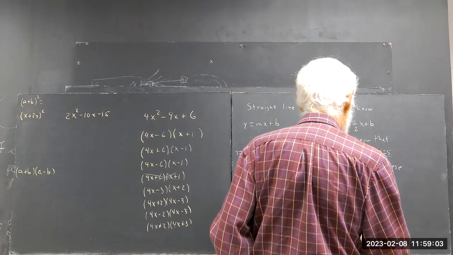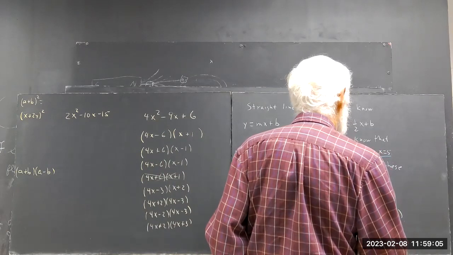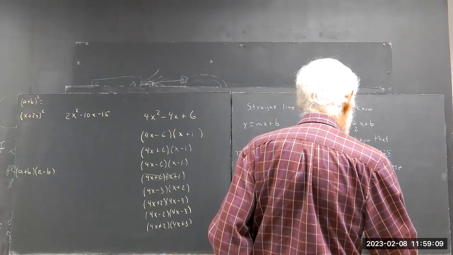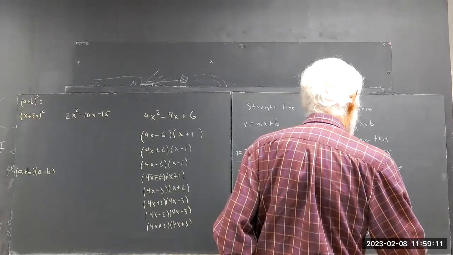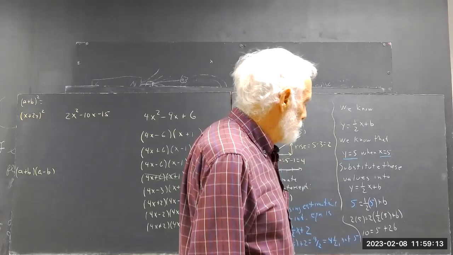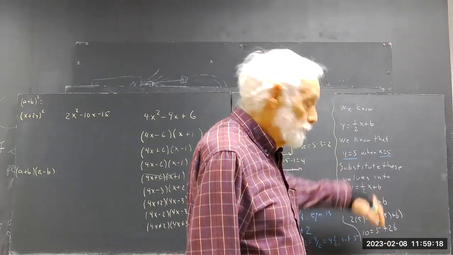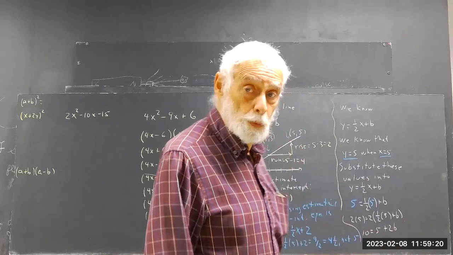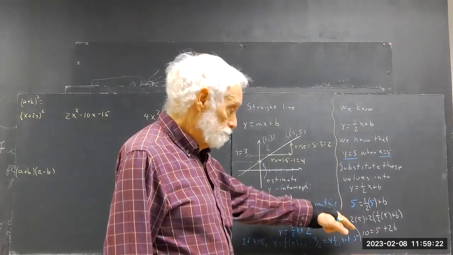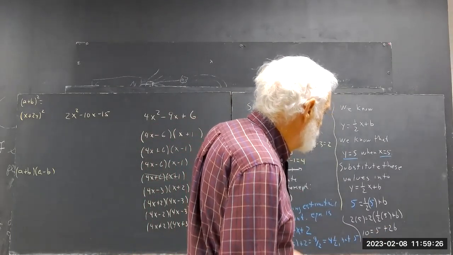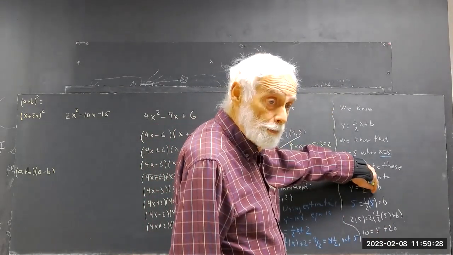And that comes out to 10. 2 times 1/2 is 1, so 2 times 1/2 times 5 is 5. That's 2 times b is 2b. And that eliminates my fractions and makes it a little easier to work, because it's easier to work the equation when you have integers.